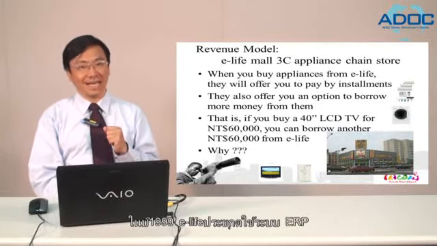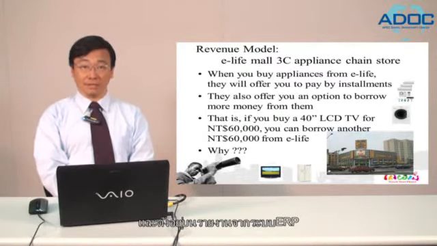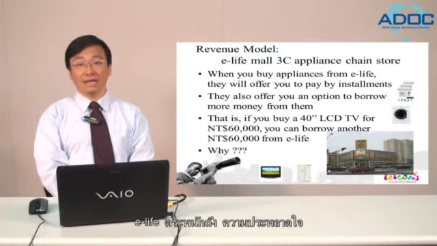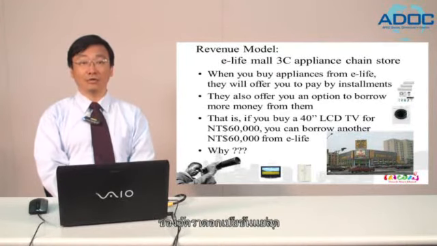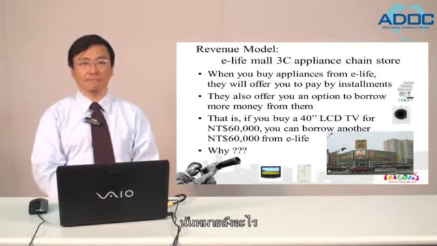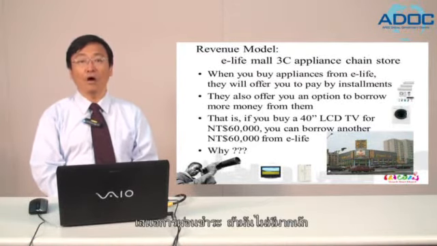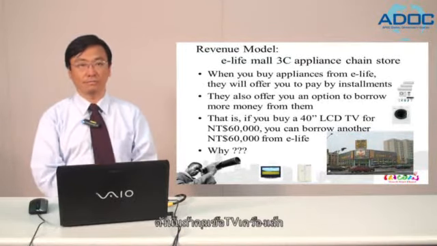Well, in 1999, eLife implemented their ERP system. Based on the report from their ERP system, eLife realized that, amazingly, the percentage of bad debt is lower for transactions that buy expensive family appliances. What does that mean? It means that in the past, eLife offered installments only if the amount would not be too much.